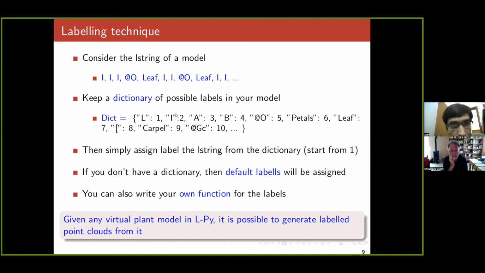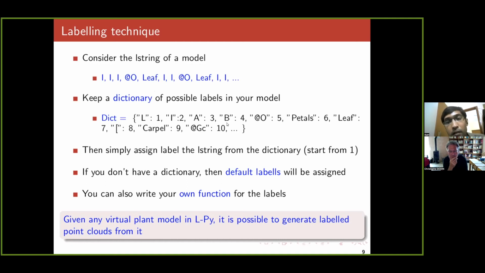But even if you have levels that start from 2, so this is 2, and then O was 5, and then the leaf was 7, still after simulating the model, all the levels will start from 1 and be consecutive. So that means if you have this dictionary, then automatically I will be assigned as level 1, then O, that means spheres, will be assigned level 2, and the leaf will be assigned level 3.